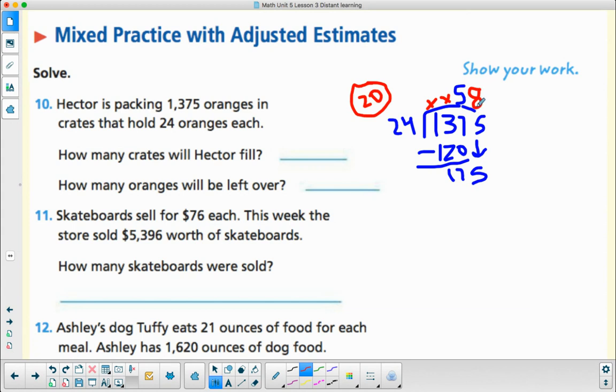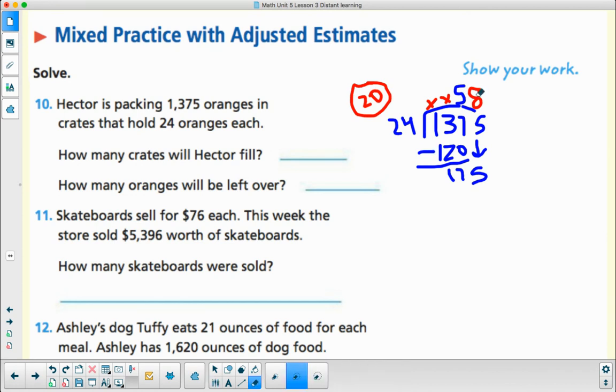8 25s is 200. So 8 24s would be 200 minus 8, or 192. 192 is too large. So I overestimated.